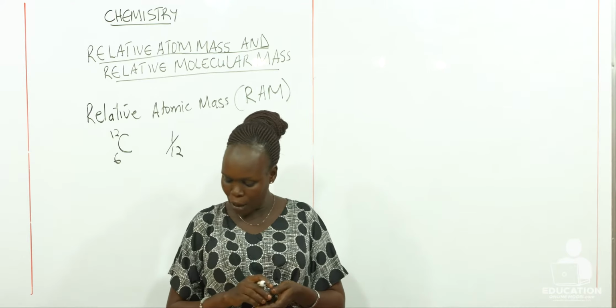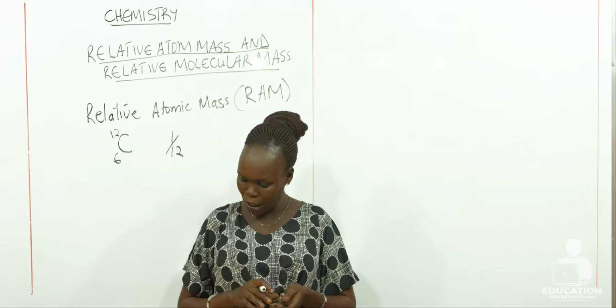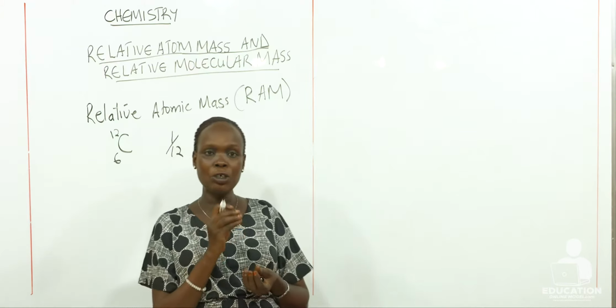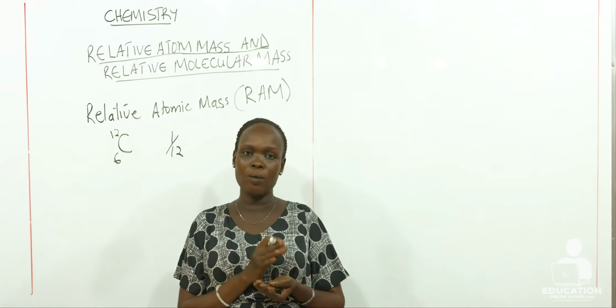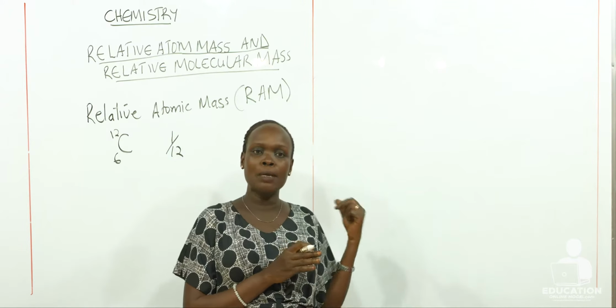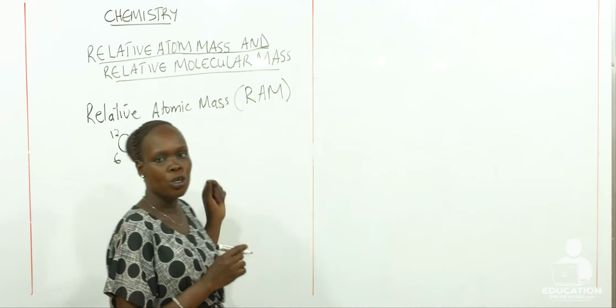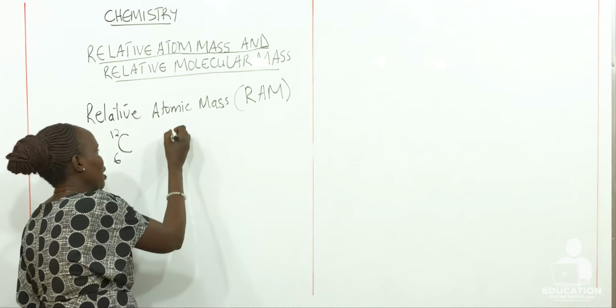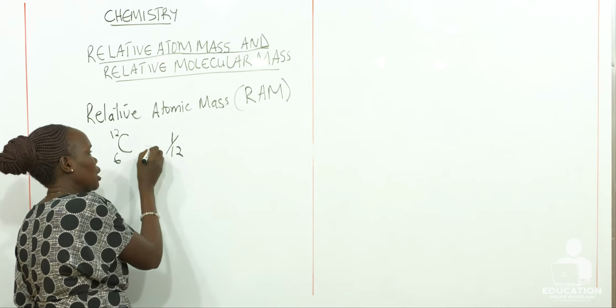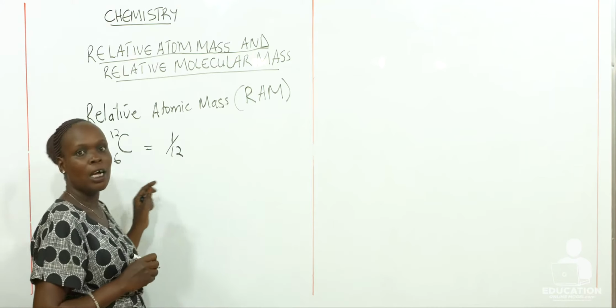So if we say carbon 12, then this is the mass of carbon 12, and any element or atom is compared to the mass of carbon 12. So we say 1/12 of carbon, which is the reference element.